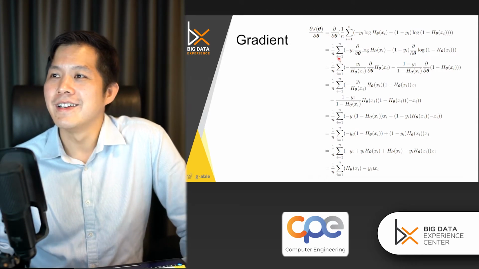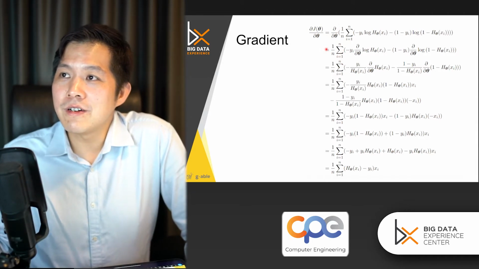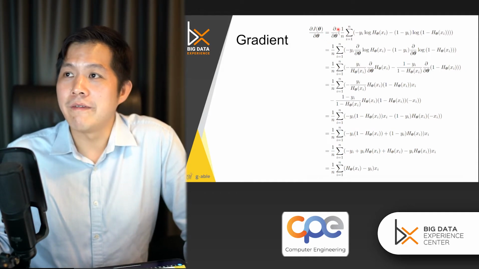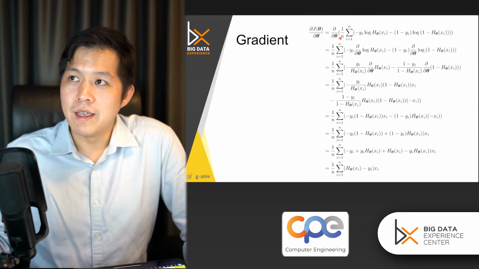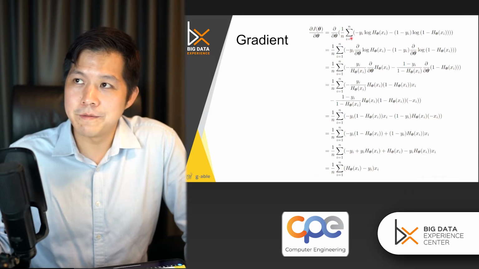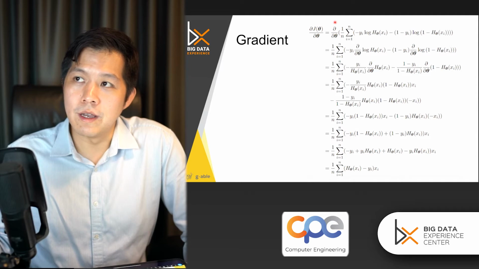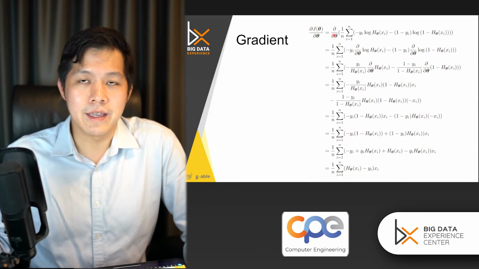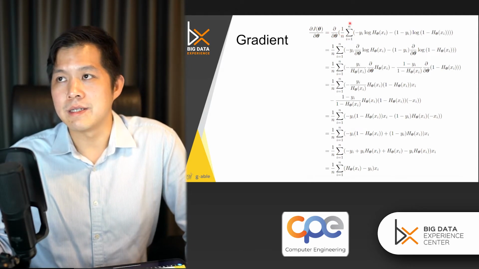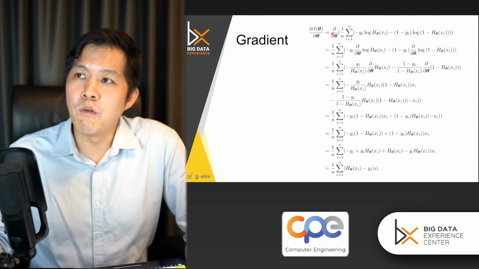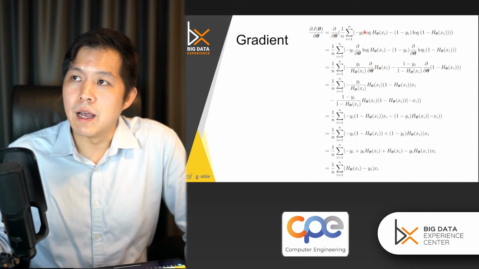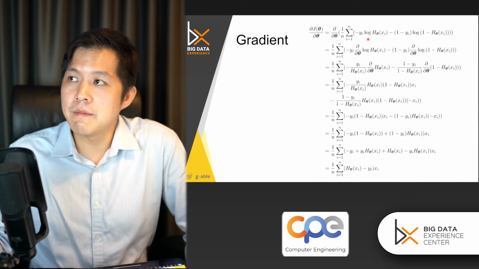Okay, so here is the partial derivative of the loss function with respect to theta. You can see this is sigma, the summation, which is a linear operator. You can just move the partial derivative with respect to theta inside the summation, into the first term and the second term.